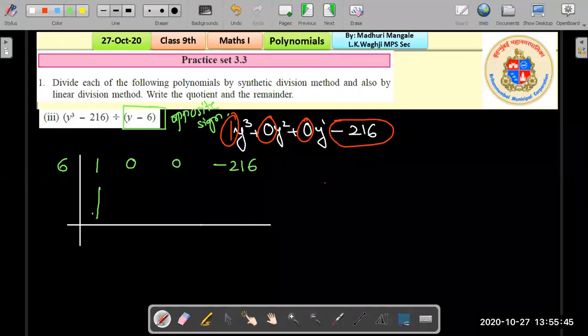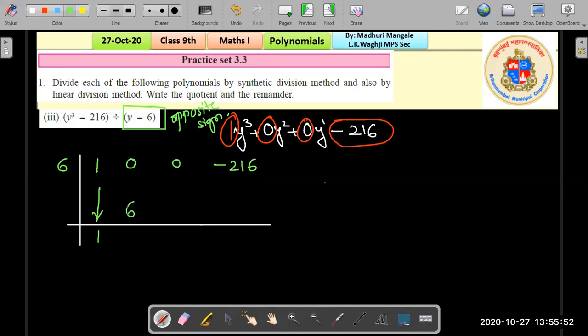Bring down 1 as it is and now multiply. 6 times 1 is 6. We write 6 over here. Combine the columns, that is combine these two terms. 0 plus 6 is 6. Again multiply. 6 times 6 is 36, right students? We write 36 over here. Combine the columns. 0 plus 36 will give us 36.